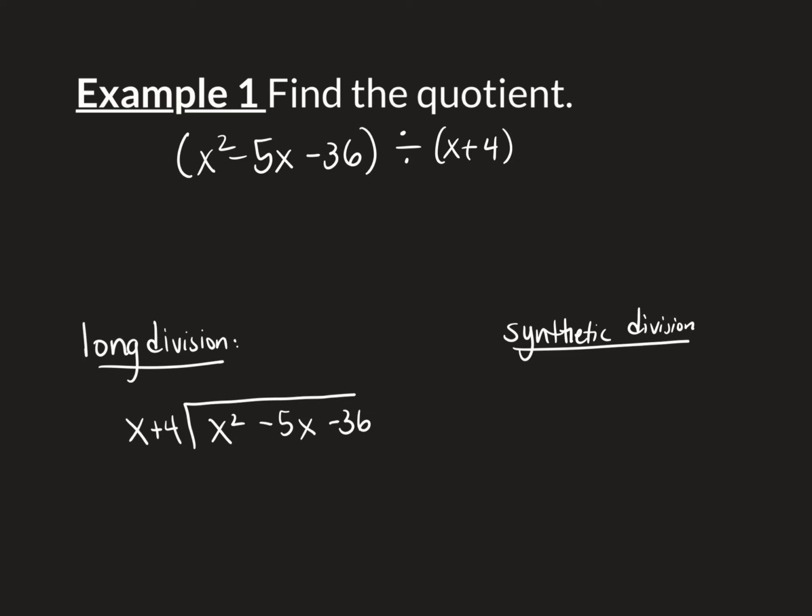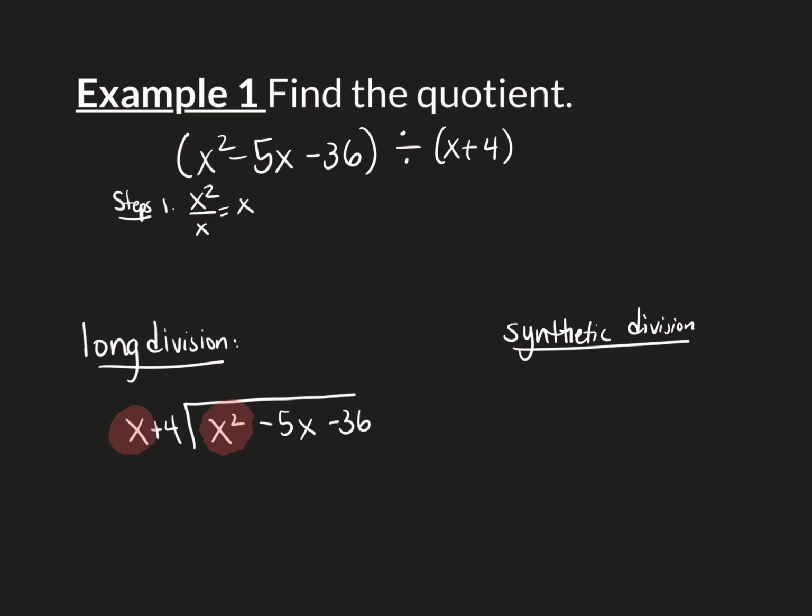And I'm going to write out the steps up here, the work, not the actual words. So here's my steps. The first thing that I do is divide. Divide the first term of the dividend by the first term of the divisor. So I'm going to divide x squared, this is step 1, x squared divided by x, and my answer is x.